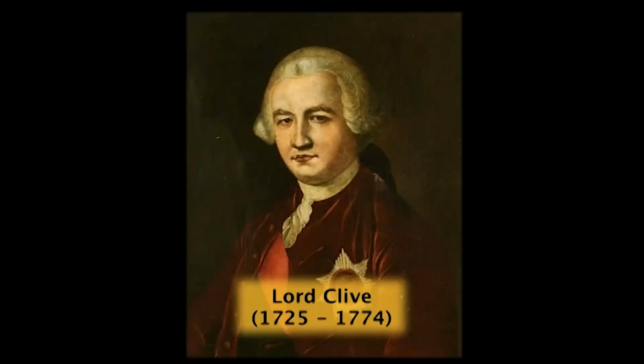Actually, this process of dependence started right from 1757, from the Battle of Plassey, when Lord Clive, by hook and crook, entered into the Indian political scenario, and somehow British rulers entered into the Indian political system, and India became a colony of the British.